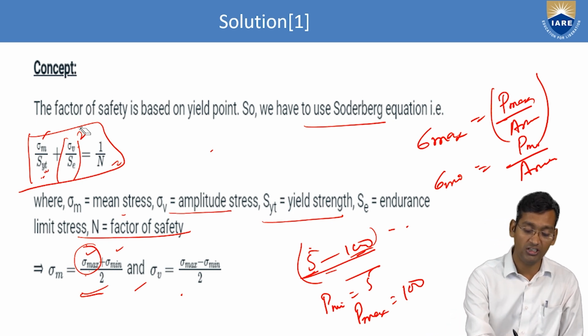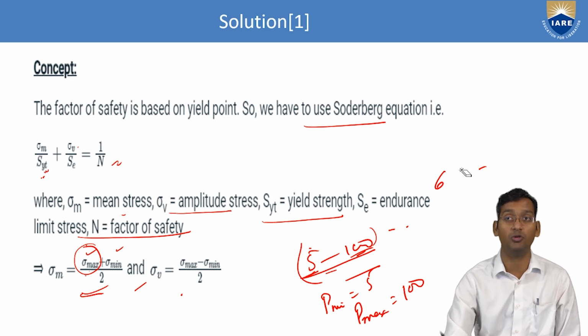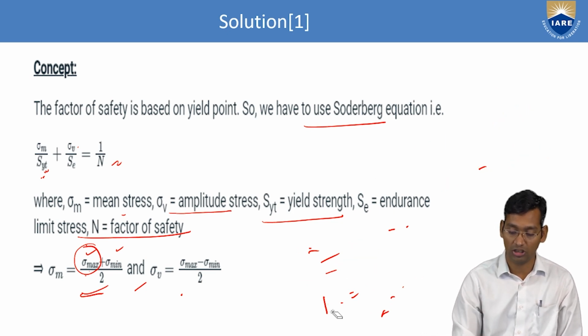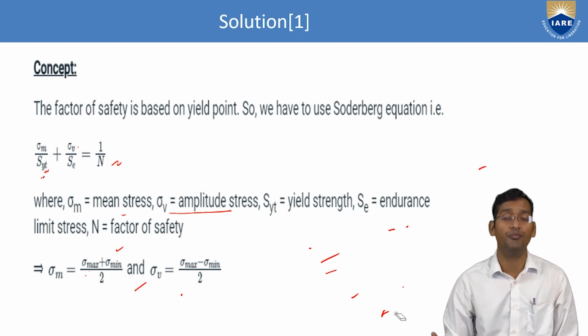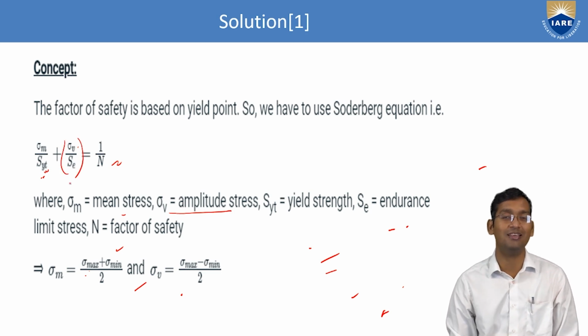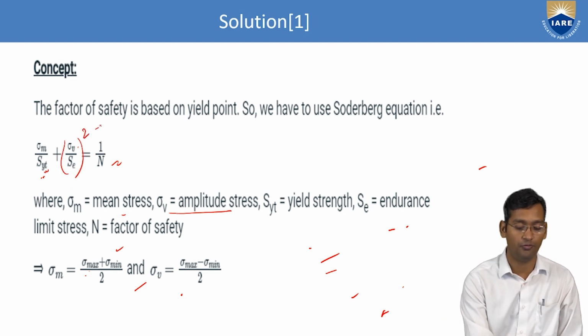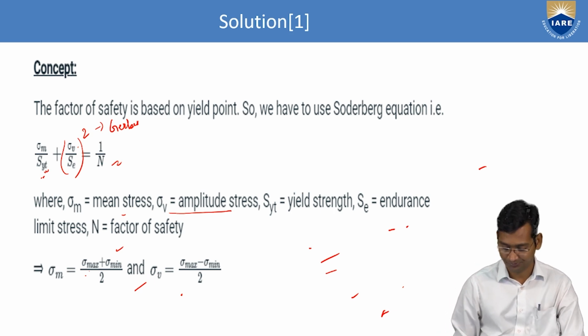So for non-linear there will be the power 2 in the Gerber's equation. Don't get confused among all three. There is only a slight difference: in Goodman it is SUT, in Soderberg SYT, and in Gerber's the second part, sigma a by SE, whole squared. Depending upon what they are asking, just substitute the values and get the answer.